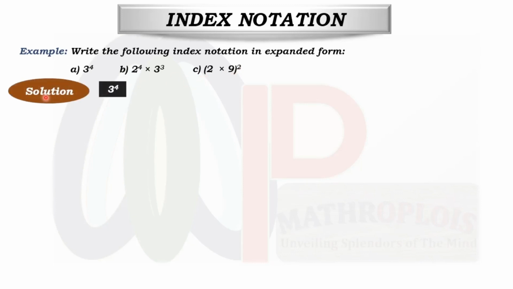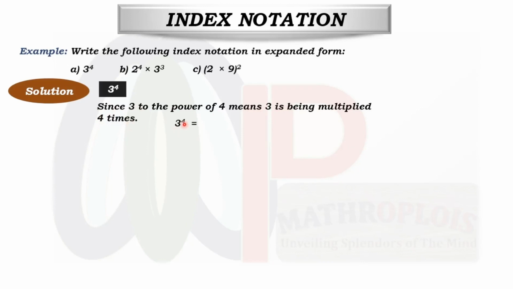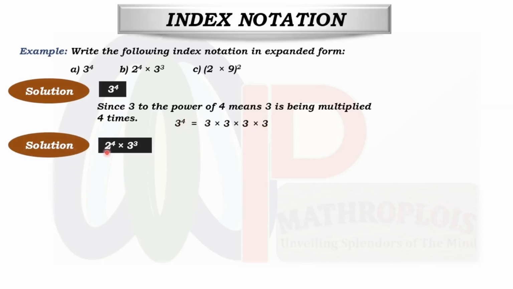Let us solve the first part, that is, 3 to the power of 4. Since 3 to the power of 4 means 3 is being multiplied 4 times, it is equal to 3 multiplied by 3 multiplied by 3 multiplied by 3. The second part is 2 to the power of 4 multiplied by 3 cube.